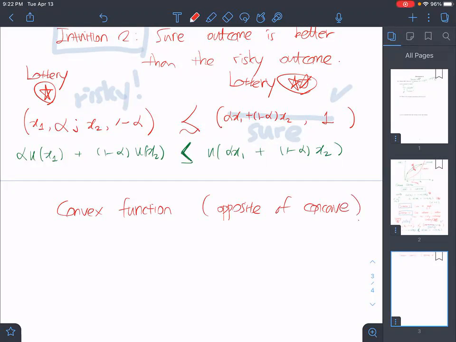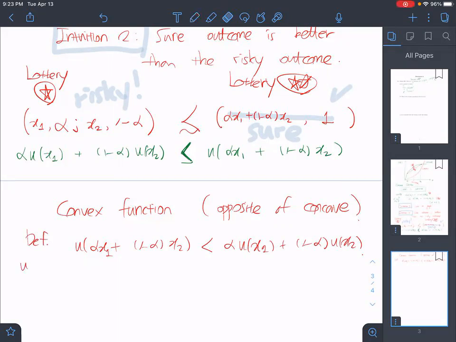So in here, intuition 1, let me just write the conclusion here, which is u(alpha x1 plus 1 minus alpha x2), if I take a mean, is smaller than alpha u(x1) plus 1 minus alpha u(x2). This is the definition.